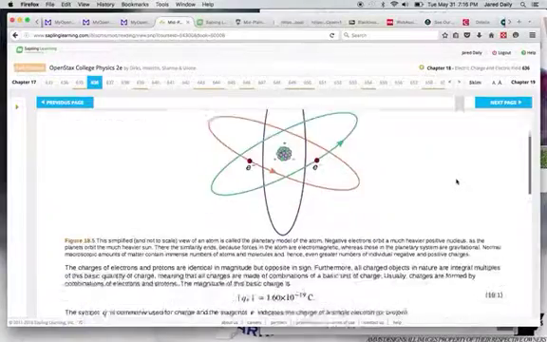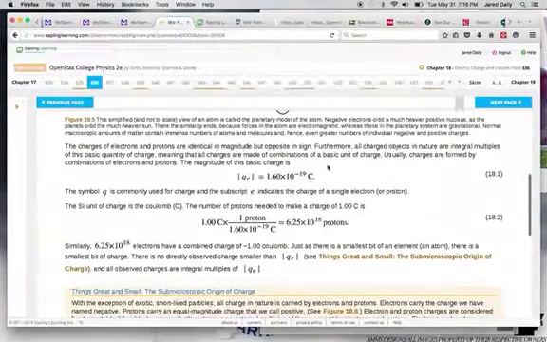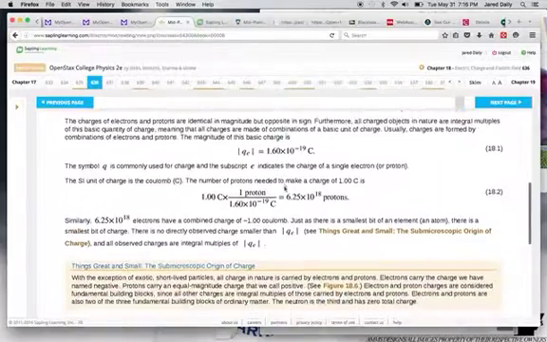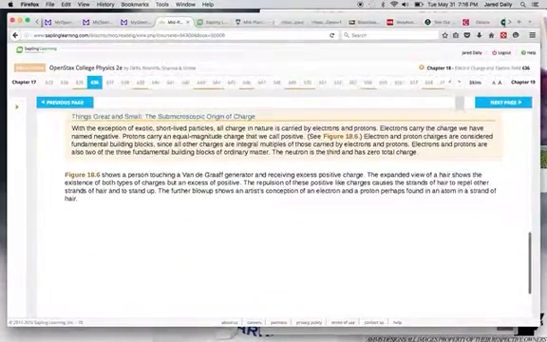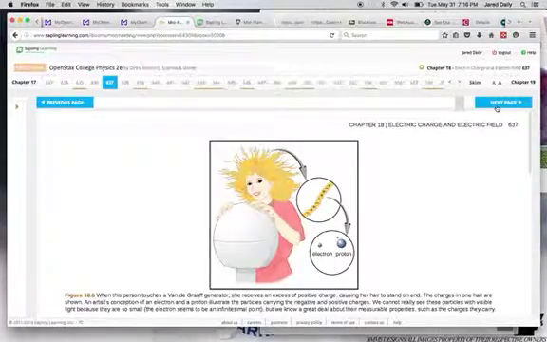And this elementary charge quanta right here is 1.6 times 10 to the minus 19 coulombs. And the coulomb is the thing that we use to measure charge with. It is named after James Coulomb, a French scientist who did some great things we're going to learn about later.